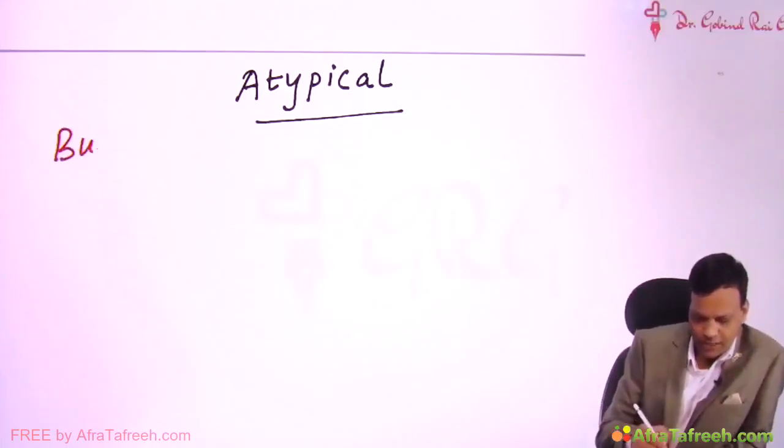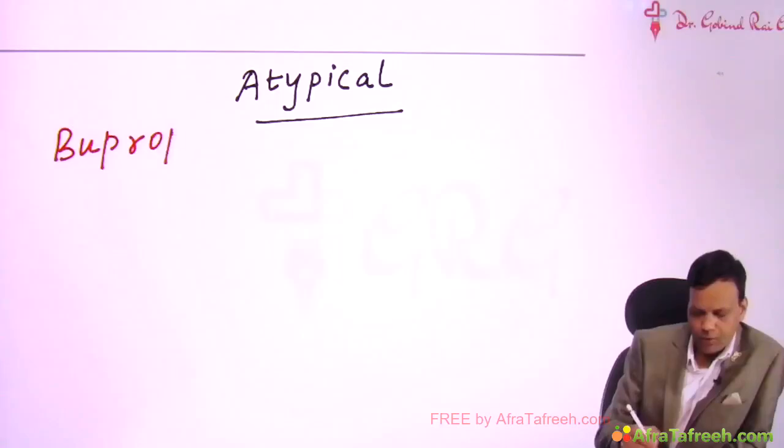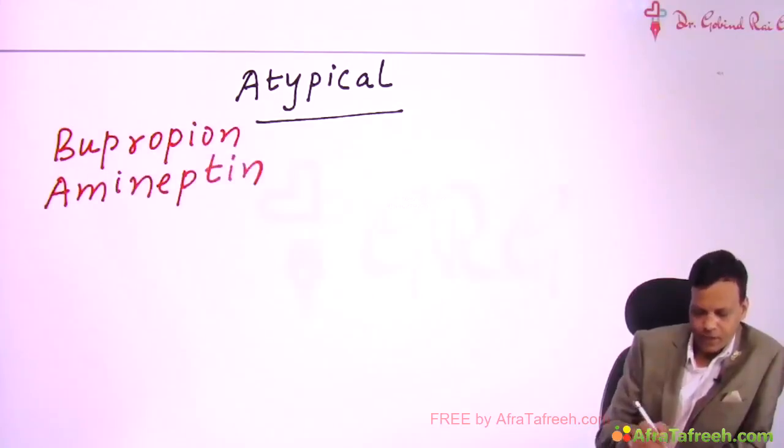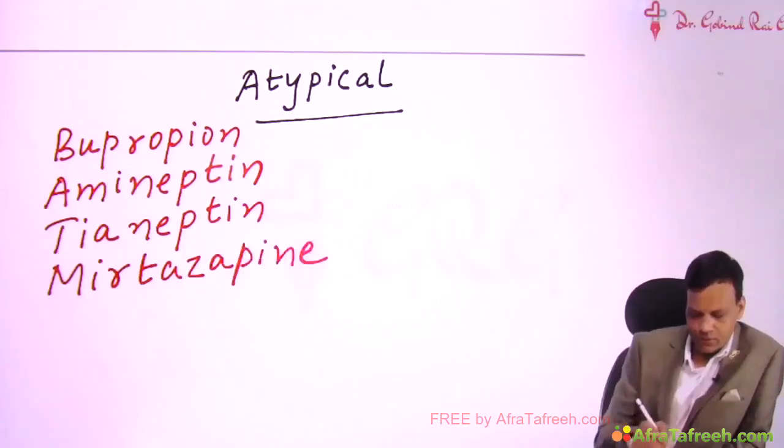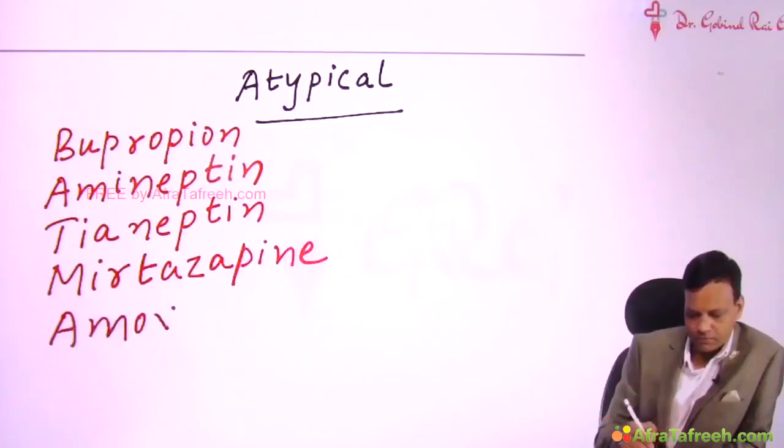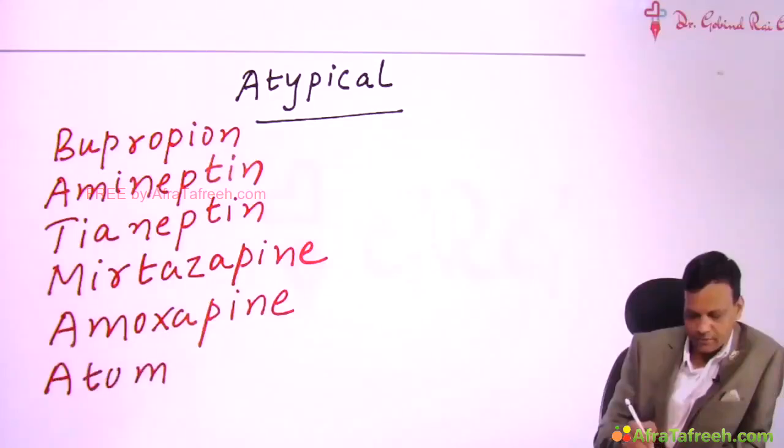Some of the examples of atypical drugs are bupropion, amineptine, tianeptine, mirtazapine, amoxapine, atomoxetine, and mianserin.